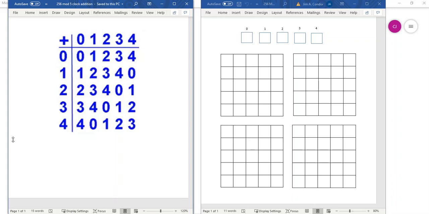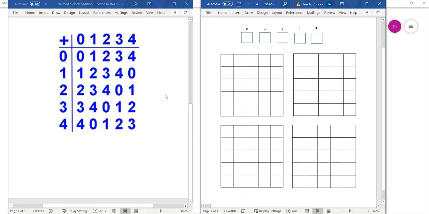For 0, I'm just going to draw a line. I want to make this simple because this is going to take us some time. So this is going to be a straight line like that. That's my 0.